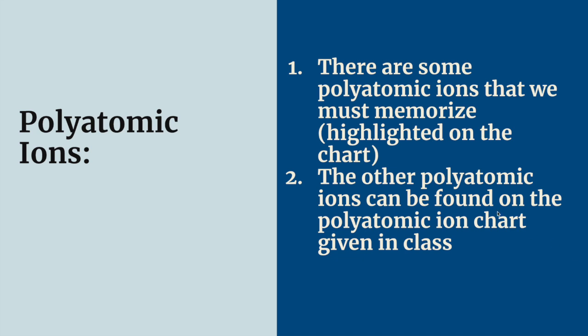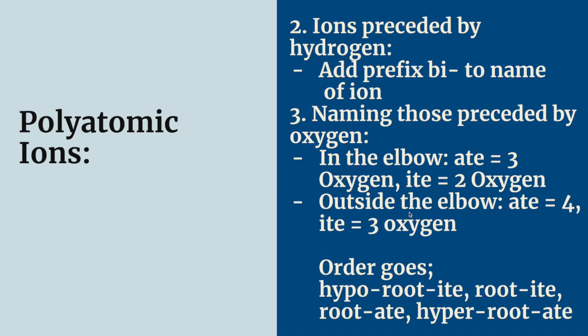You can either look at the polyatomic ion chart to see if it's written on there, or you can follow these rules. For polyatomic ions preceded by hydrogen, you add the prefix "bi" to the name of the ion. So for example, carbonate, when it has an H in front of it, changes to bicarbonate.